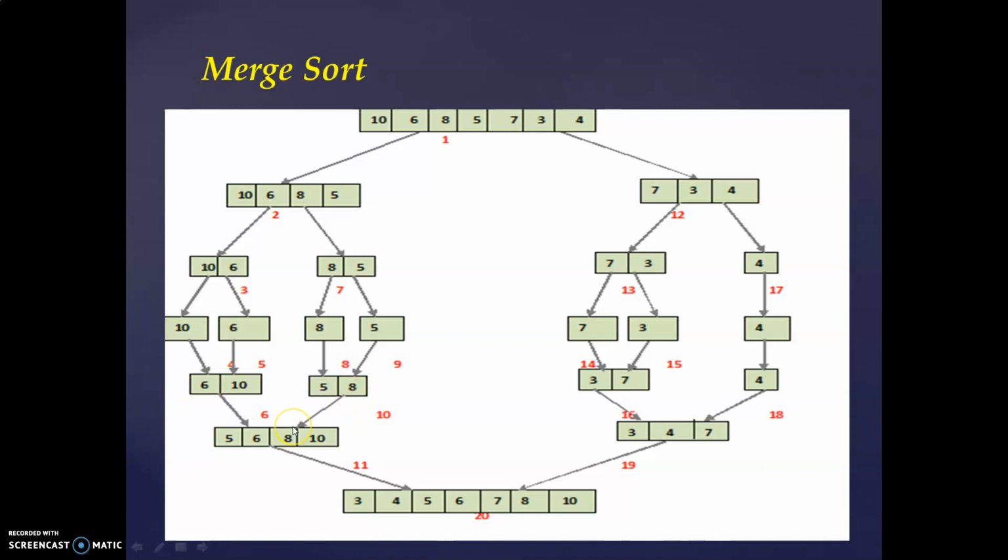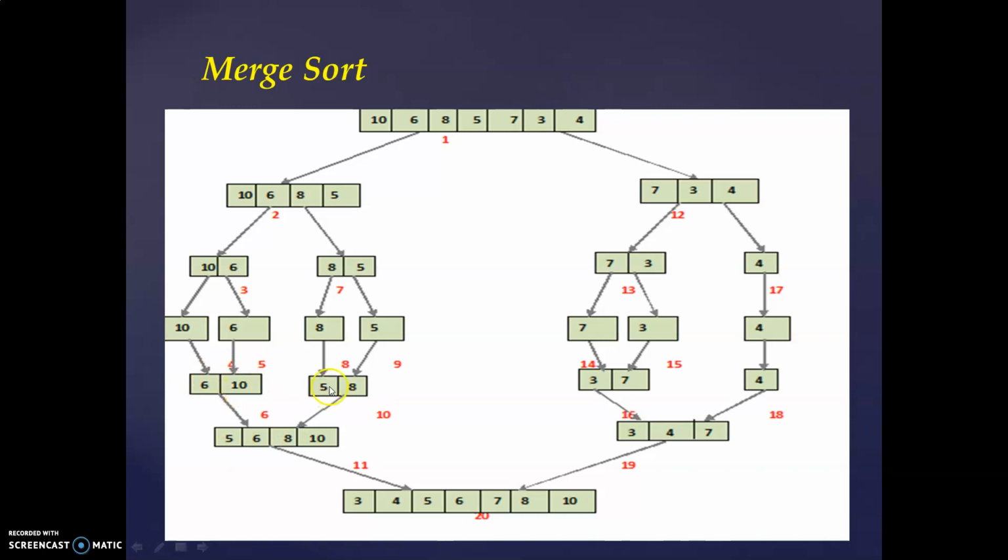Now we are comparing the elements. The first element of the first array is compared with the first element of the second array. The element 5 is smaller than 6, so 5 is swapped here and 6 is placed in this position. The first swapping is done.